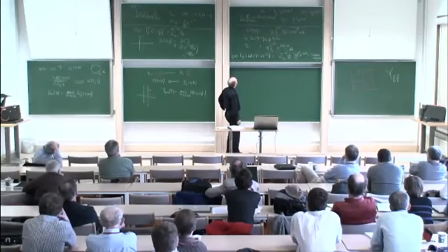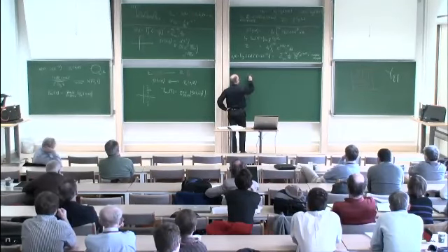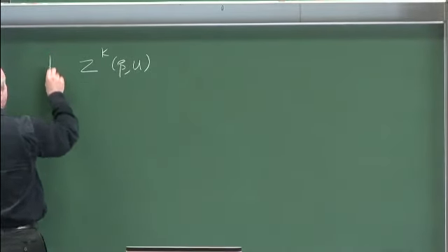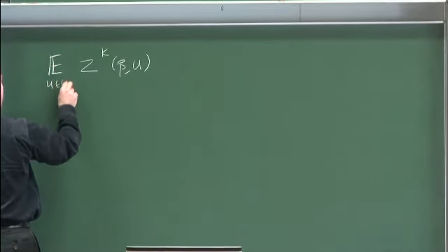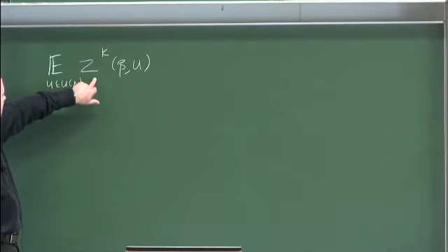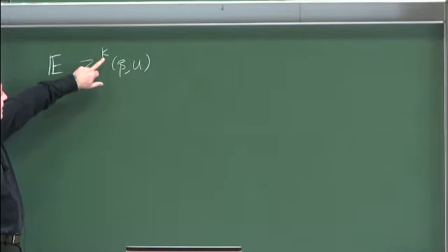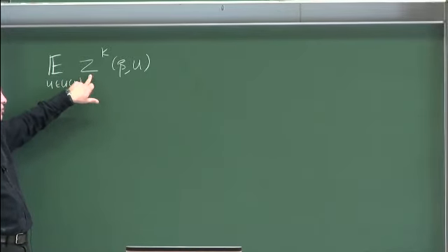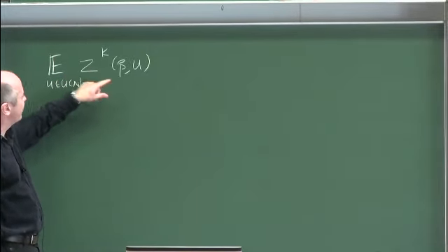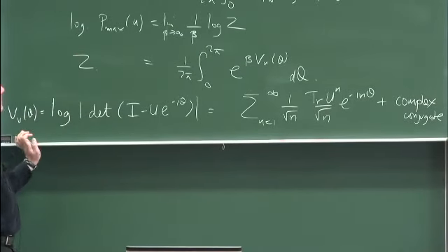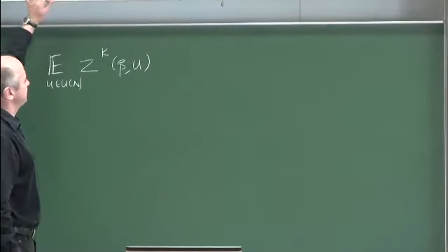Well, one looks at the moments of Z, and the goal is to try to analyze the moments of the partition function. If we know enough about the moments, one should be able to invert the moments to determine the value distribution of the partition function. Then, I repeat, if we know the value distribution of the partition function, we can recover the distribution of the maximum value, P max.